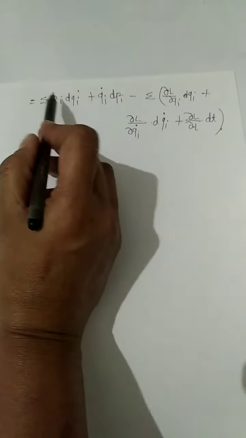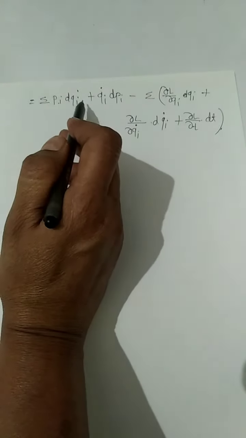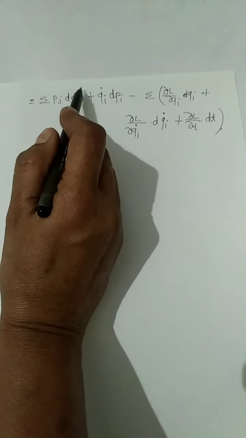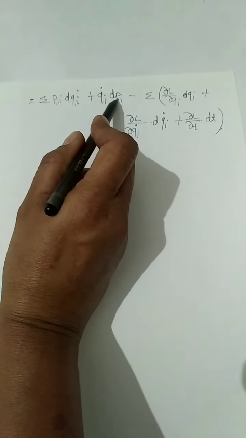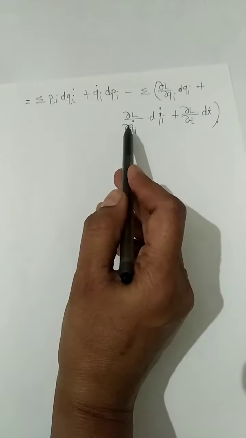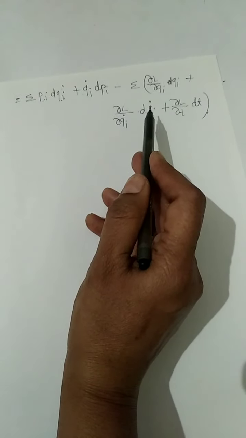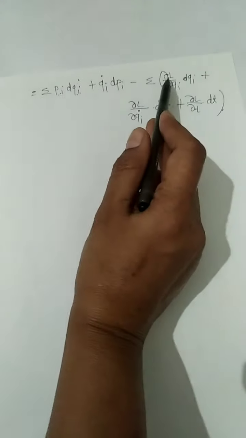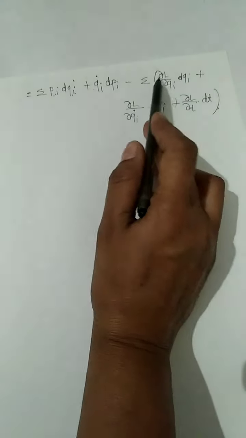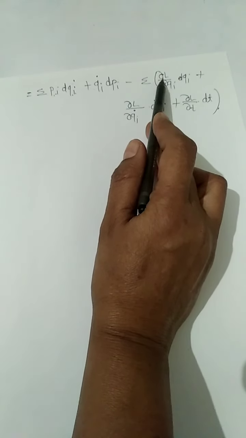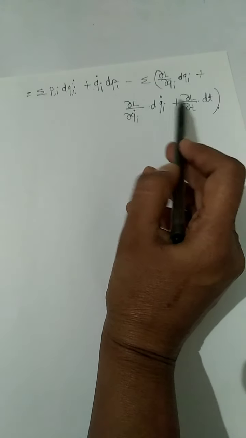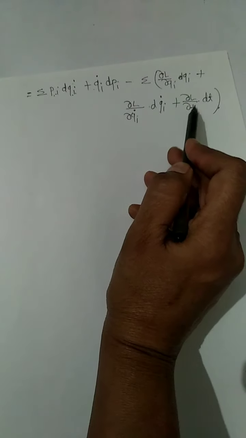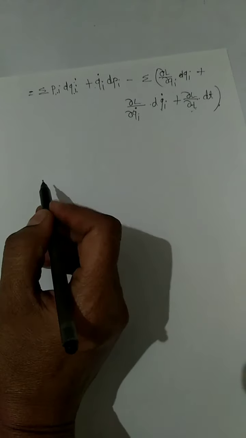Means here product summation derivative of pi into qi dot, that is first function into derivative of second plus second function into derivative of first, and here L is a function of qi and qi dot and t. Means again first derivative of L with respect to q, then derivative of L with respect to qi dot, and third derivative of L with respect to t.